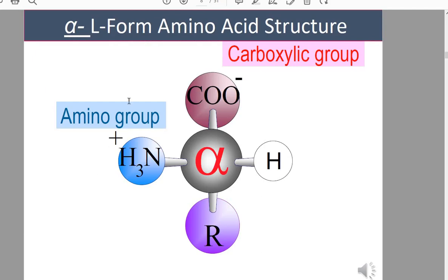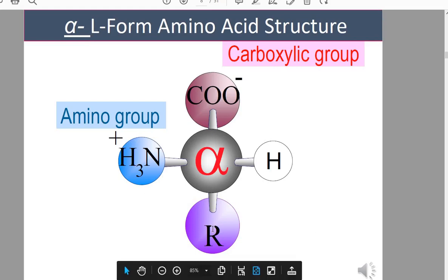This is the structure of alpha L amino acids, which are all the 20 amino acids in our human body. They are alpha. Only alpha means that the amino group is attached to the carbon atom next to the carboxylic group. What is the meaning of L form? That the amino group configuration is to the left side, like this structure or this figure.